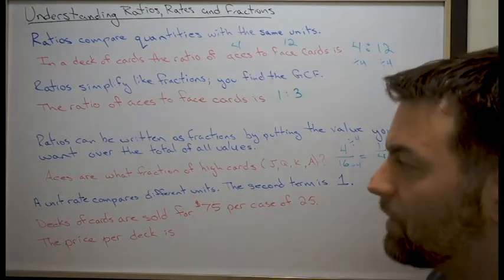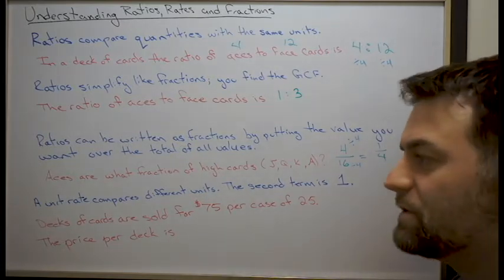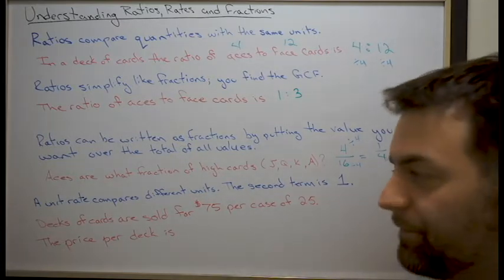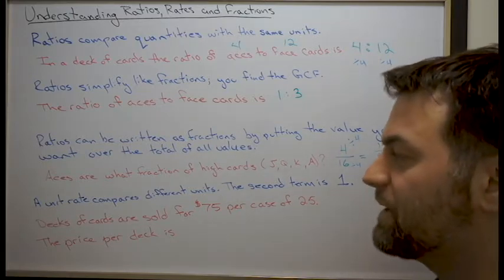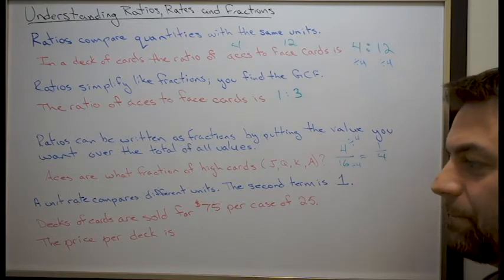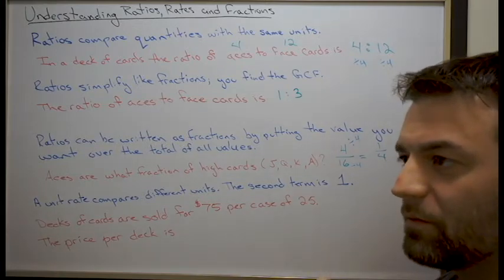Now, on top of fractions and ratios, we can also use the unit of comparison called the unit rate. And the unit rate compares different units of measure. So whenever we're talking about a rate, we're talking about something to something.